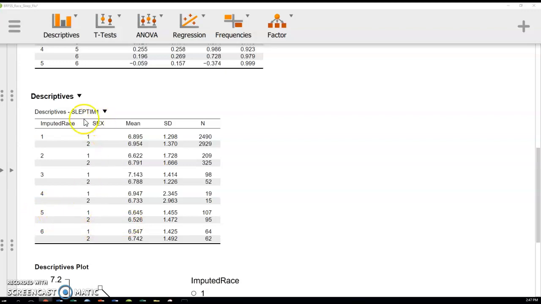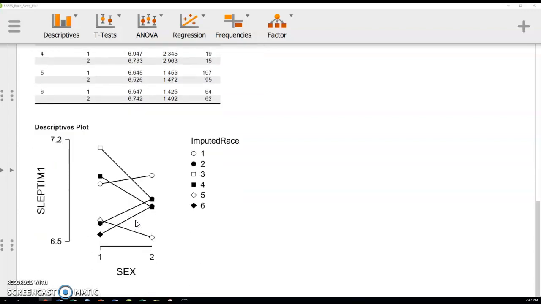So of all the groups in my survey, the Hispanic females got the lowest amount of sleep per night, or reported the lowest amount of sleep per night, at 6.5 hours of sleep per night. So I'm putting the units back on. I'm letting the reader, you're letting me know that you understand what the units are there. So 6.5 hours of sleep on average per night.